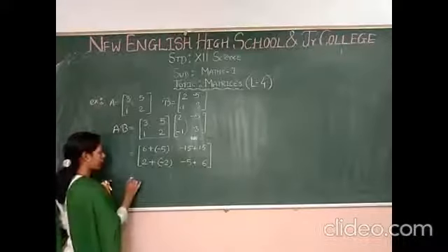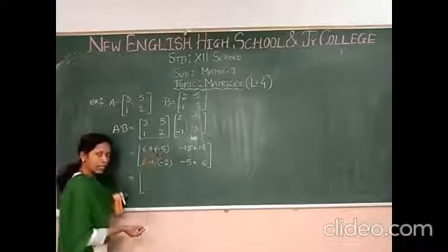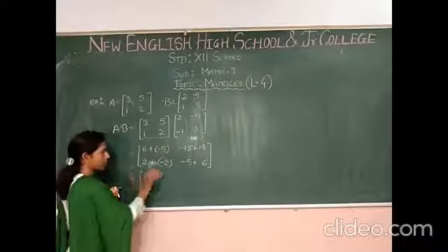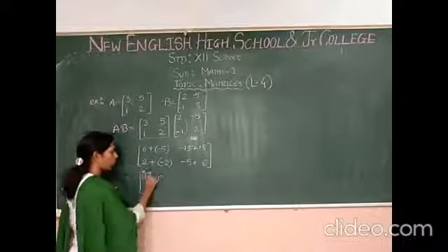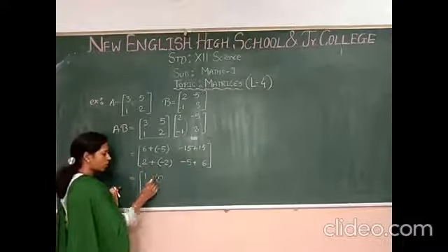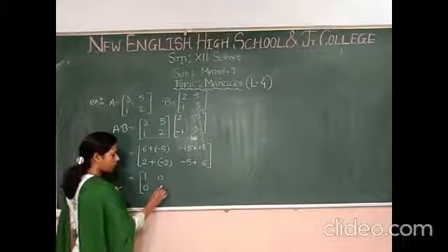Equals 6 plus minus 5, that is 6 minus 5, 1. Minus 15 plus 15, 0. 2 plus minus 2, that is 0. And minus 5 plus 6, that is 1.